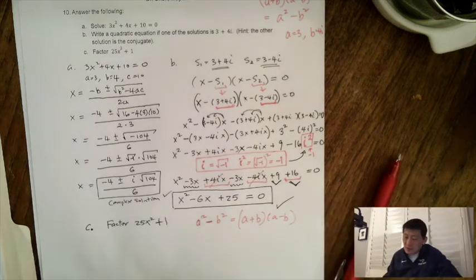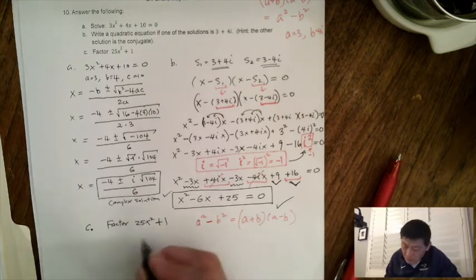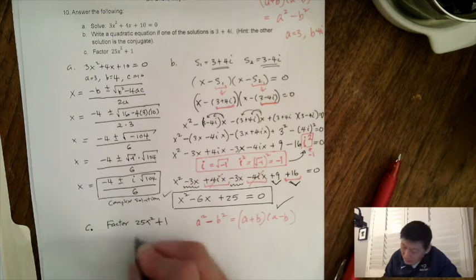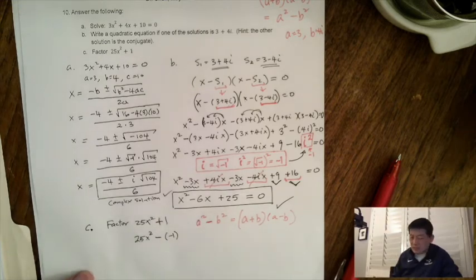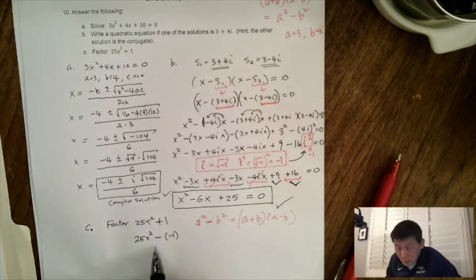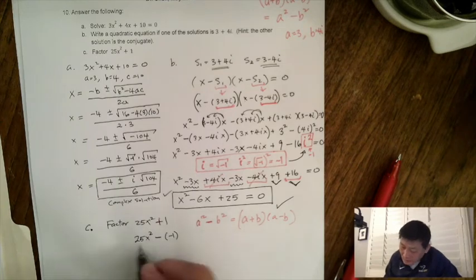Well, it turns out that this is actually an easy fix. What we could do is we can rewrite this as 25x squared minus negative 1. Minus negative 1. Okay, that still doesn't quite look like this. No fear. Let's keep rewriting this. 25x squared can be written as 5x, the whole thing squared.